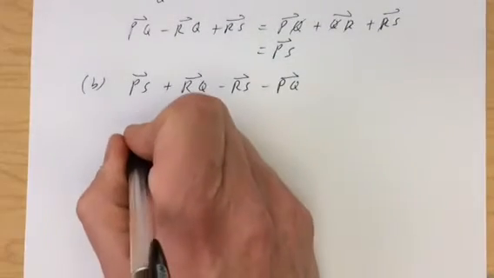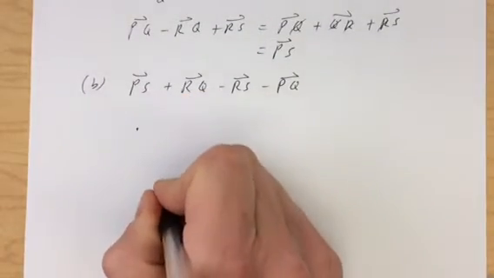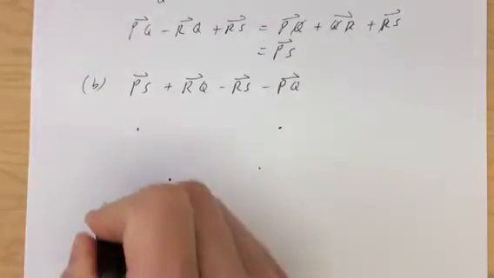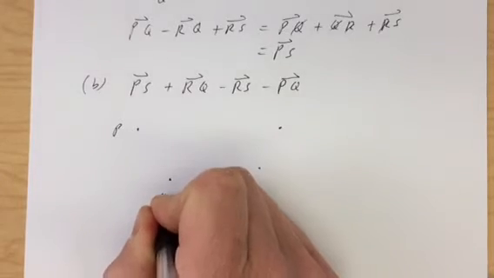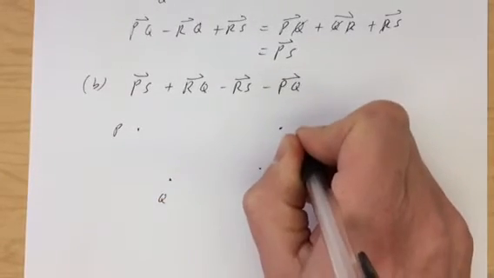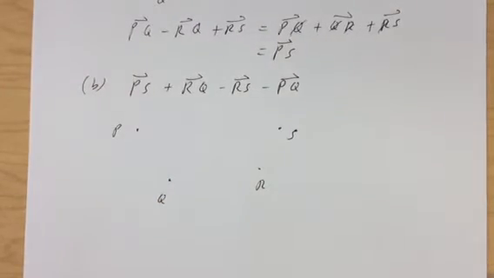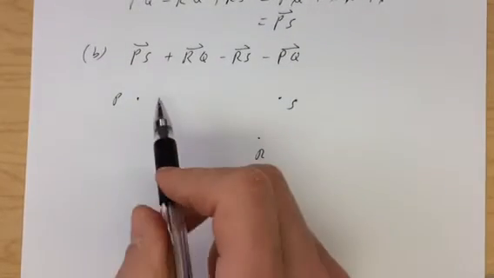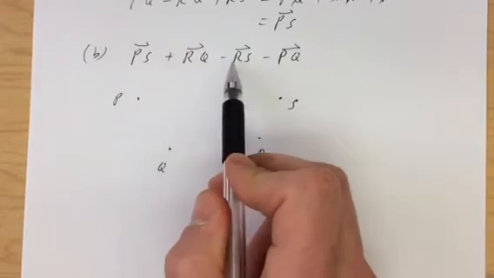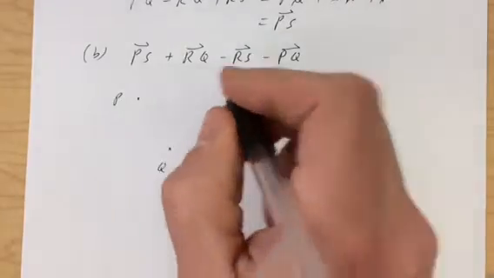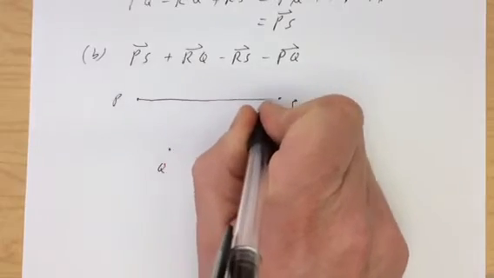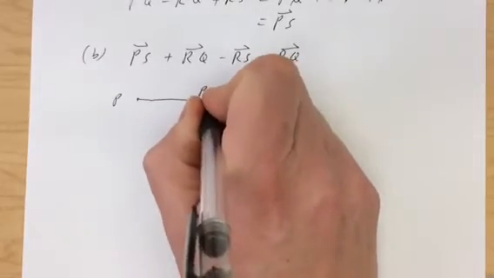Okay, so something like this. P, Q, R, S. And then PS plus RQ. Well, let's draw PS. There's PS.